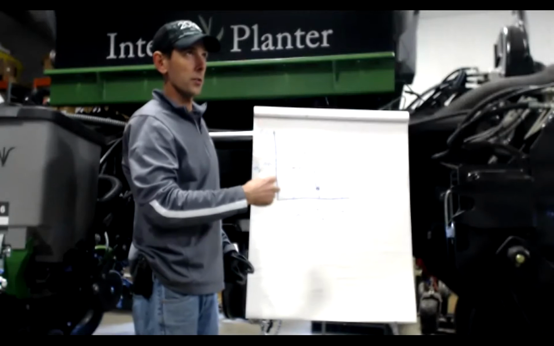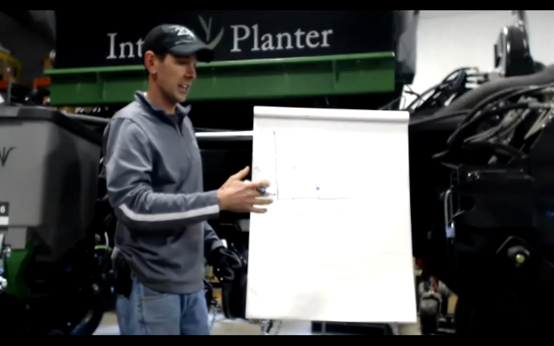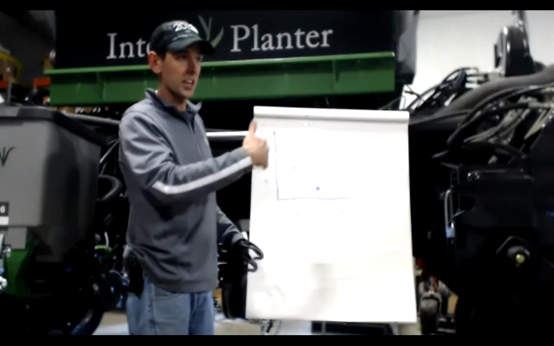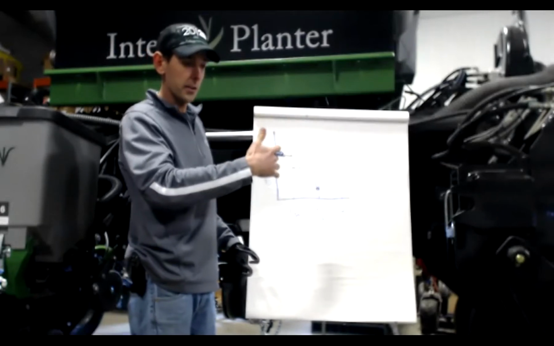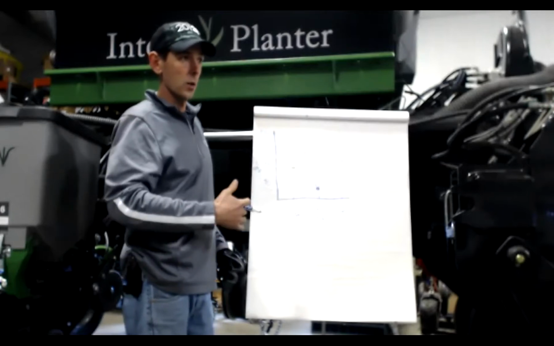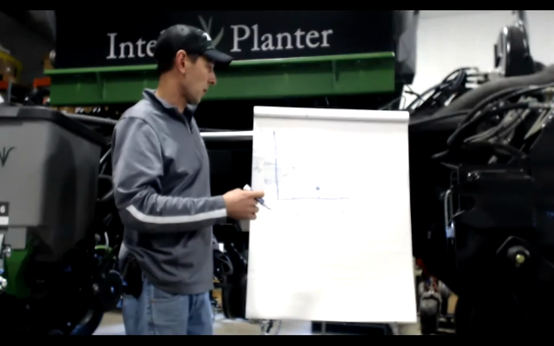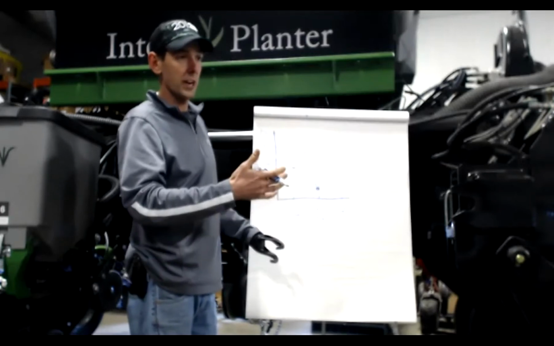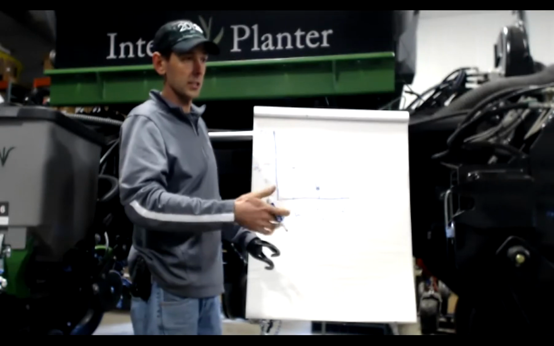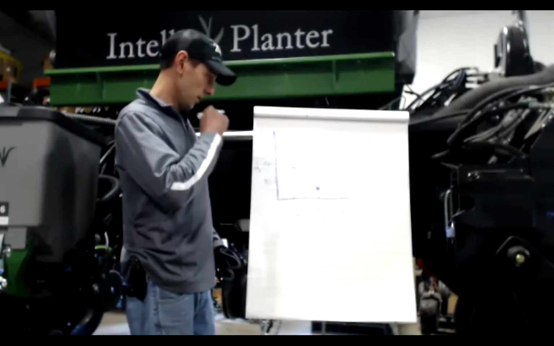The engineers built it so that you're always erring on the side of more weight rather than less weight applied to your gauge wheels, because shallow planting seeds is more costly than excess compaction most of the time.